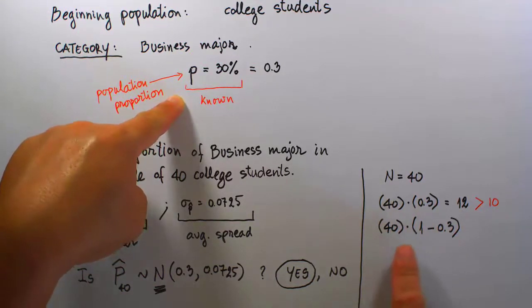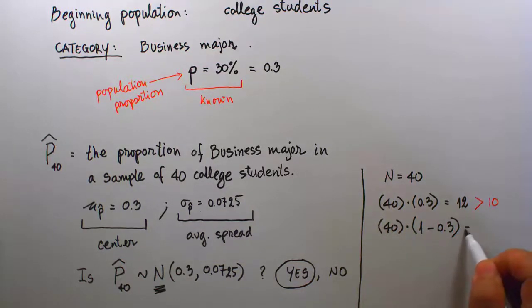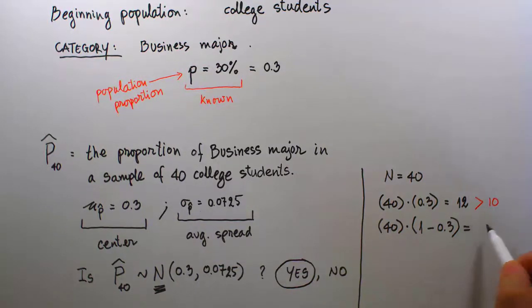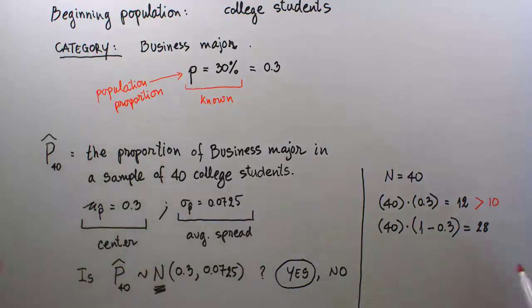Instead of multiplying by 0.3, I multiply our sample size in each sample with 1 minus 0.3, and I get another count. This time, the calculation comes out to be 28. This count also gave me a number greater than 10.